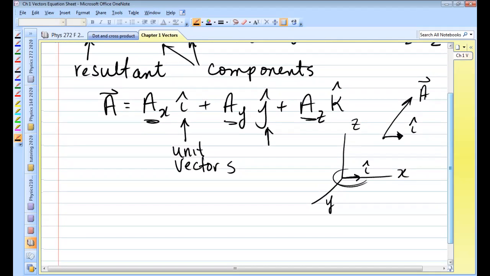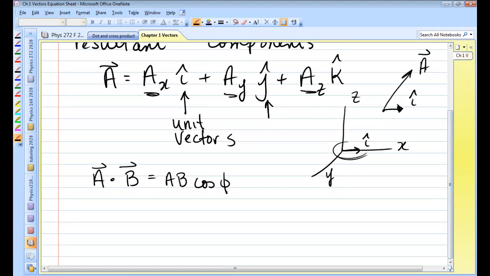Okay, and then I talked about the physical meaning of the dot, scalar, and vector products. But here's the actual equation that you're going to need in your equation sheet. So A dot B is magnitude of A, magnitude of B, cosine of phi.